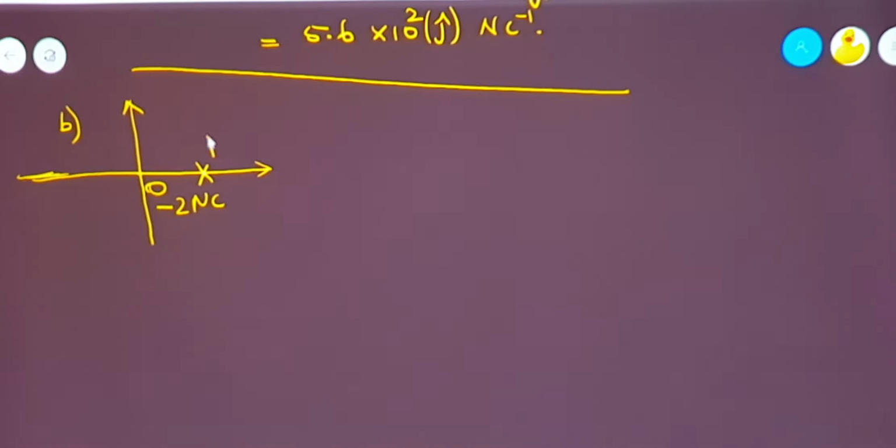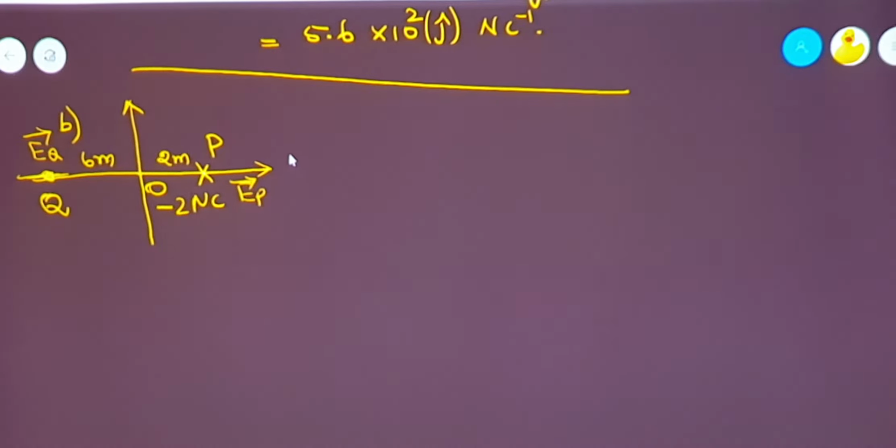One of the points is taken to be P and the distance is taken to be 2 meters. Another point we are considering along the x-axis but on the other side, which is Q, and the distance is taken to be 6 meters. Here the electrical field is EQ vector and here the electrical field is EP vector.